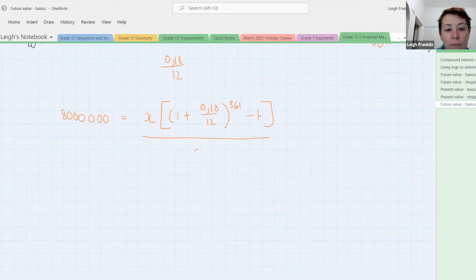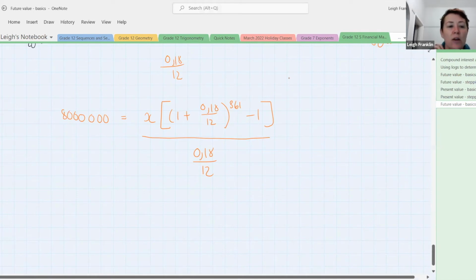And now over 12. Now we are going to have to rearrange in order to be able to solve for X. What you are doing here is cross multiplying and then dividing by the square bracket.